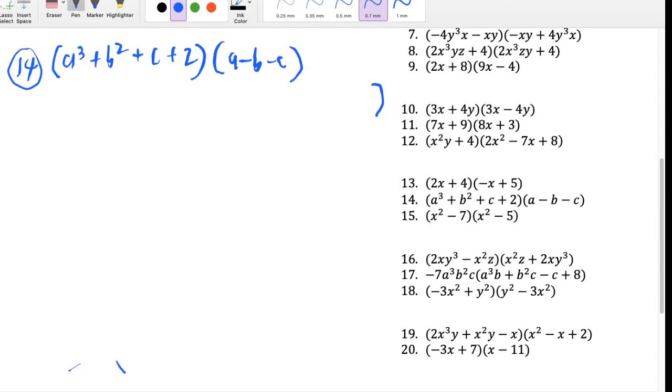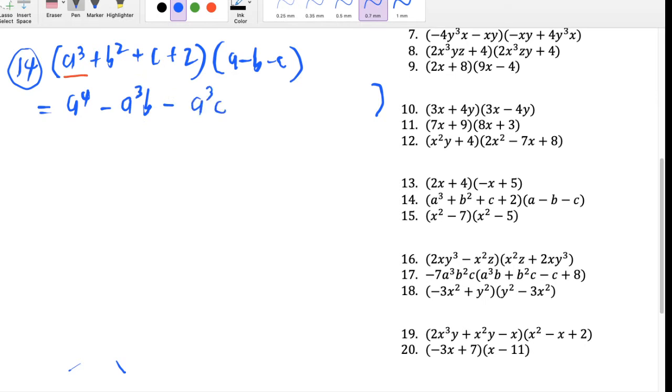Guys, pwedeng you can choose na ito yung isa-isahin na i-multiply sa bawat isa or ito multiply sa bawat isang term. Dapat pareho pa rin makuha niyo sagot. Okay? Let's start with a cubed. A cubed times a, so that's a raised to 4, minus a cubed times b, so that's a cubed b, minus a cubed c.